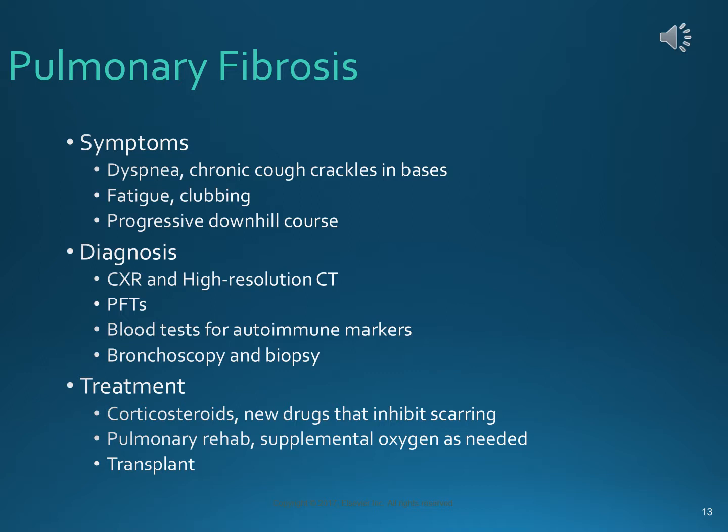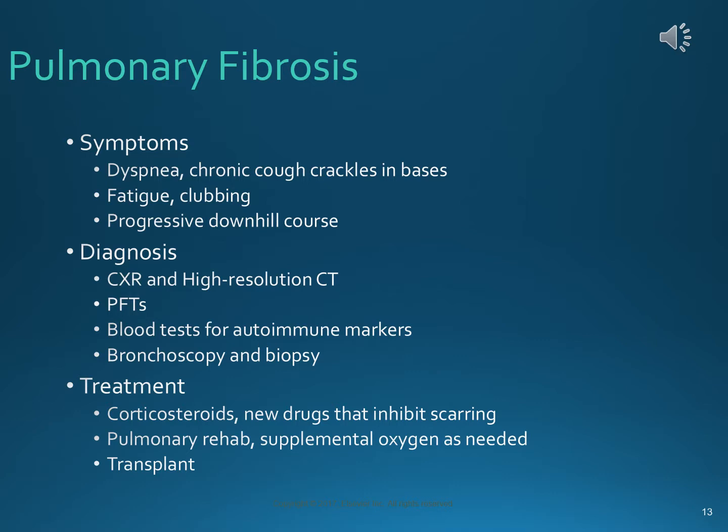PFTs are important. This helps you to measure the amount of oxygenation that is present and helps you to track the decline in oxygenation. They do blood tests for the autoimmune markers and the different diseases that we mentioned earlier. They can do a bronchoscopy and a biopsy to make sure that fibrosis is actually what's going on.